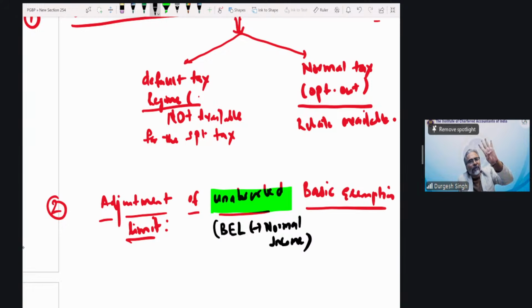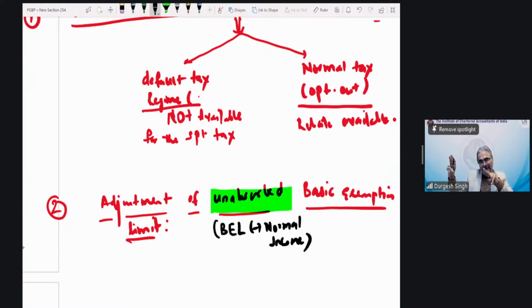So this is your unabsorbed. Now you tell me, 4 lakhs is the basic exemption limit. 2 lakhs was my house property income. 3 lakhs is my LTCG taxable under 112A. Now therefore from 4 lakhs I will reduce the normal income of 2. How much is the unabsorbed one? Unabsorbed is 2 lakhs. Now how much is the LTCG?